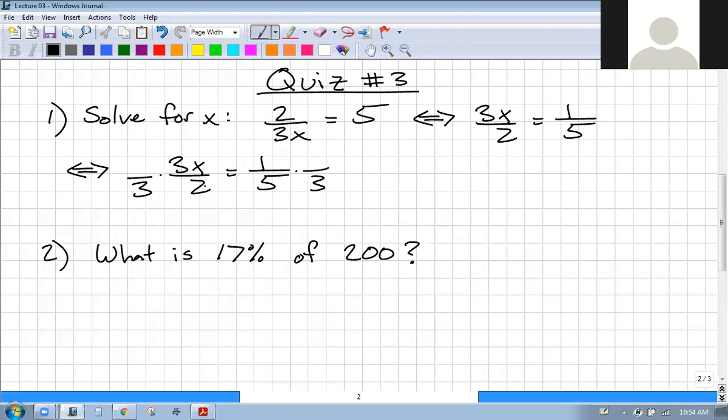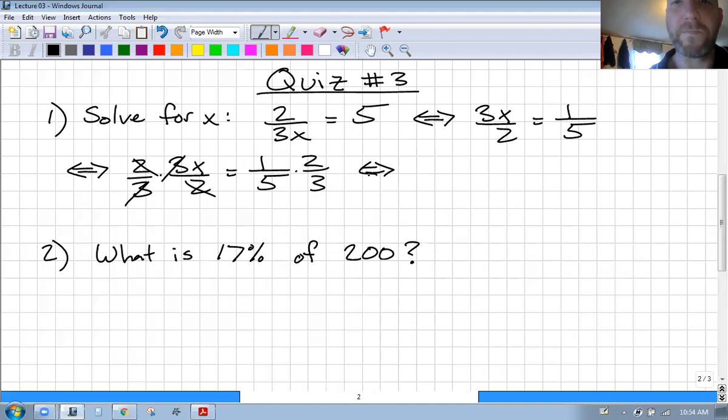And 2. Yeah, we got to multiply both sides by 2. Okay, so the 2's go away, the 3's go away. So we're left with X. Here's our X equals 2 times 1, 5 times 3, or 2 over 15.